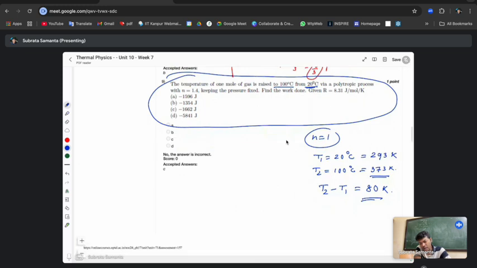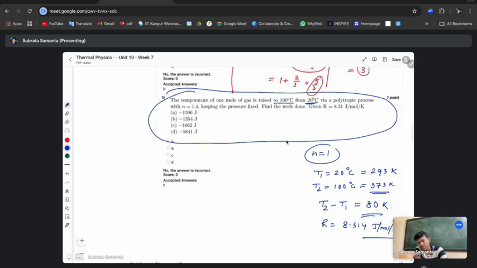And the value of R, the universal constant, is 8.314 joule per mole per Kelvin. Okay. Now the process is the polytropic process, not the adiabatic process or the isothermal process, the polytropic process with n equals 1.4. Okay, so this n is different. 1 mole of gas is the number of moles, right?